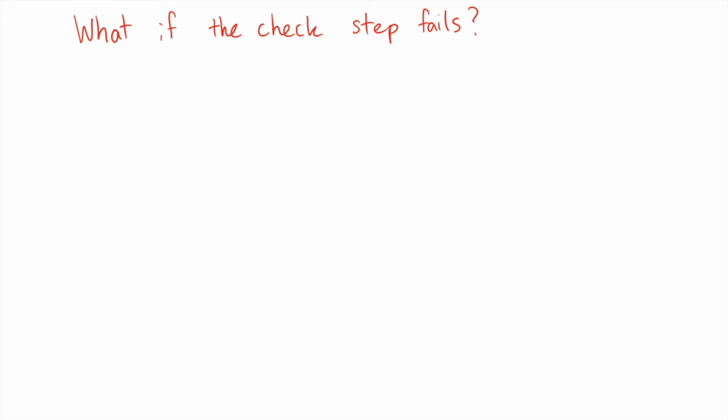The check step, when you're looking to see if 2 lines intersect, is incredibly important because of what it actually means if the check step fails. If the check step fails, what's going to end up happening is you'll have taken your 2 equations, you'll solve for your values of s and t, but then you'll plug it back into that third equation and something doesn't work out. You get that your left side doesn't equal your right side.